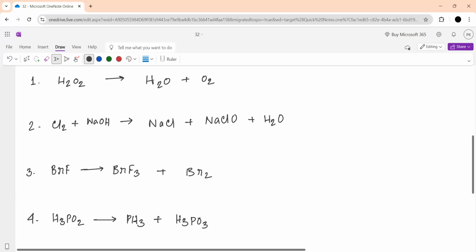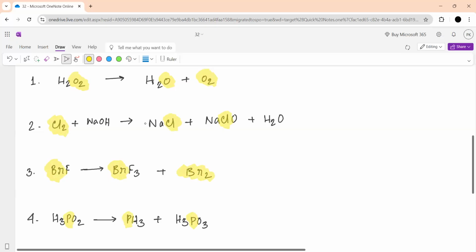Now, what you are supposed to do is again deduce oxidation numbers. Here you have to do it for O2, here for the oxygen molecules, here for chlorines, here for bromine, and here for the phosphorus atoms.